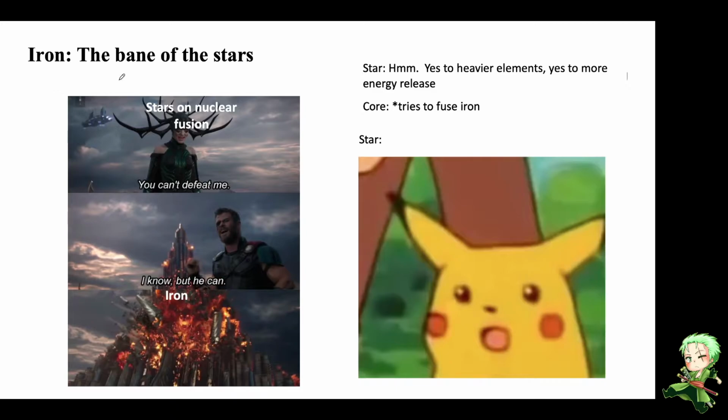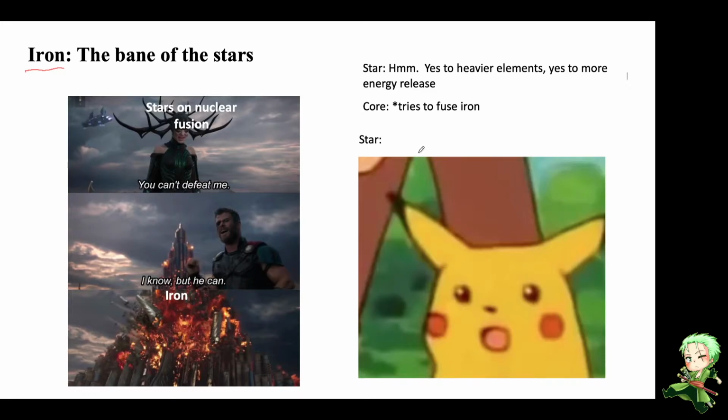So we know that iron is the bane of the stars. From hydrogen and helium up to carbon, oxygen, and nitrogen, the stars are able to fuse those, but that depends on the mass, which we will discuss later also. But when iron fusion starts, something goes wrong in the star.